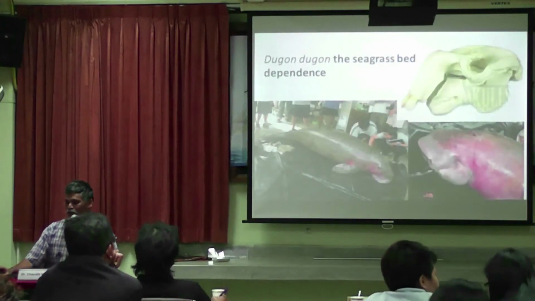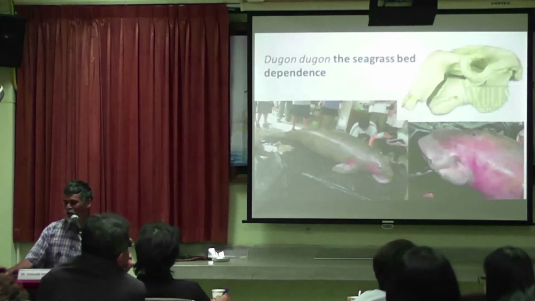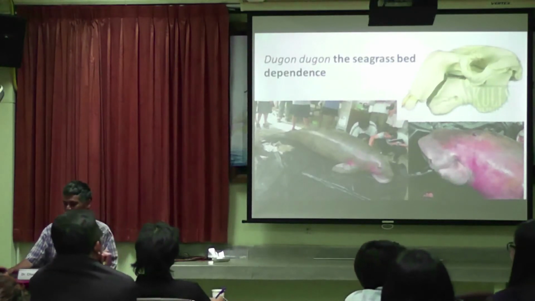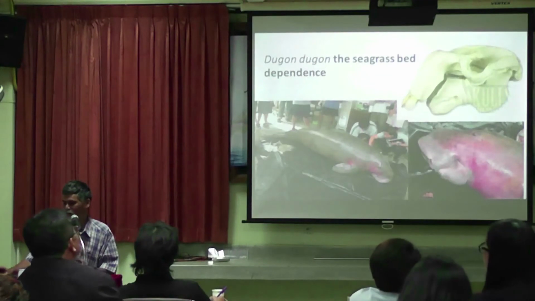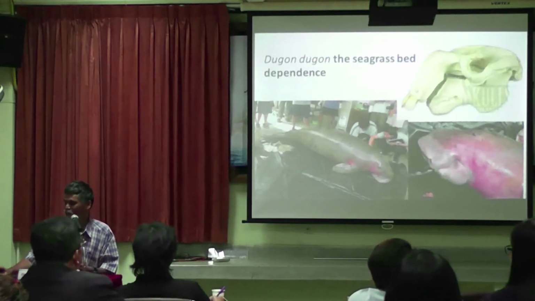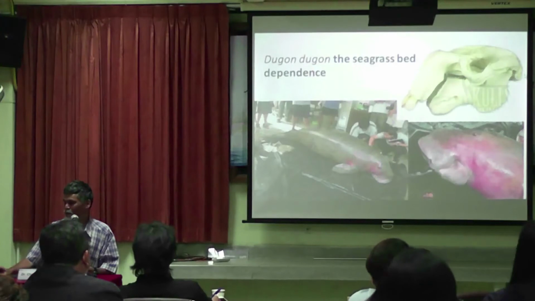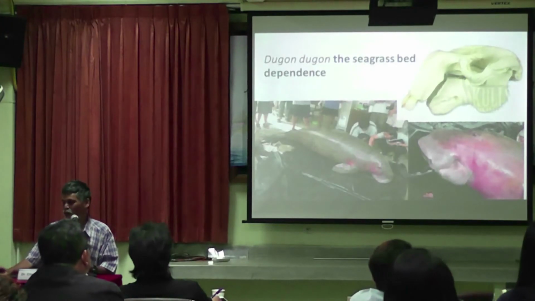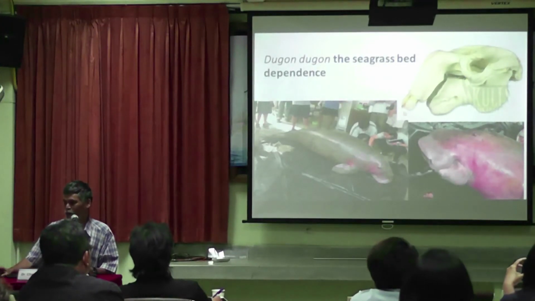So this one is a dugong studied in Phuket and was investigated by our expert, Ms. Kanchana. The shape of the skull of dugong looks mostly similar to an elephant, and has two tusks.